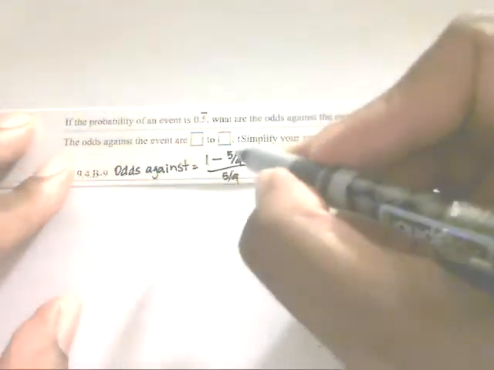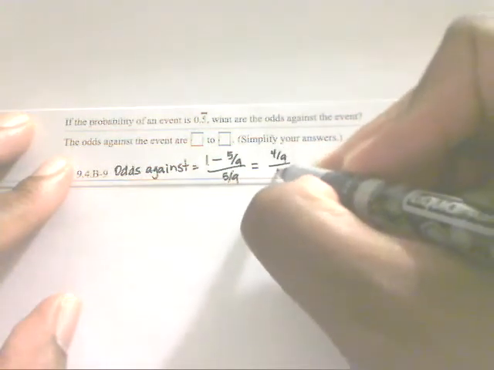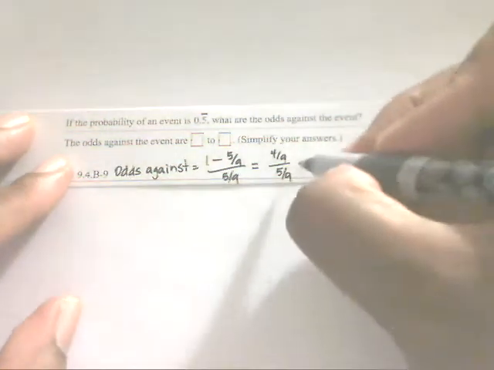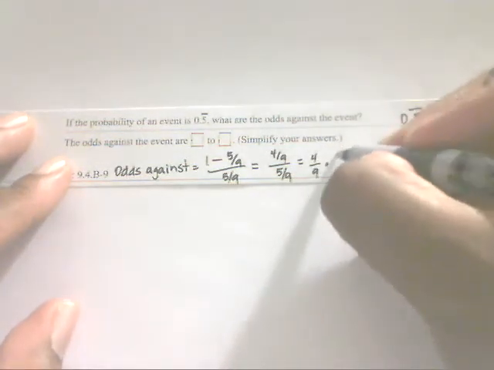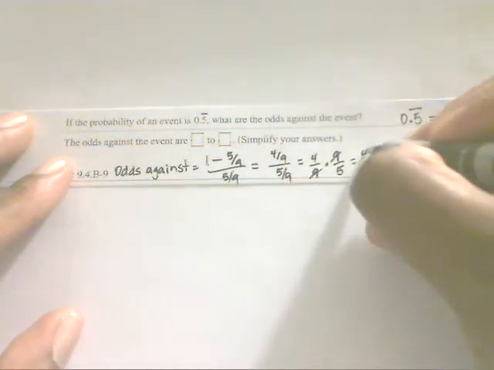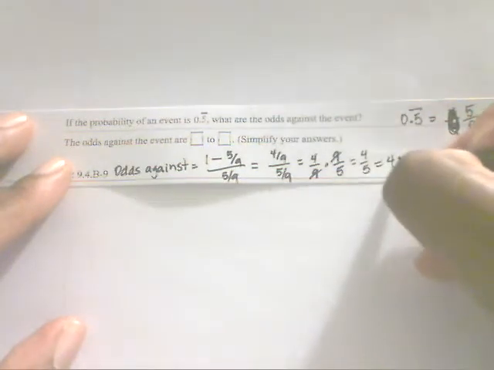Well, one whole, which is 9/9, minus 5/9, that's 4/9, divided by 5/9. And we can write this as 4/9 times the reciprocal of 5/9, which is 9/5. The 9s divide out, you're left with 4/5, or as a ratio, 4 to 5. So the odds against the event will be 4 to 5.